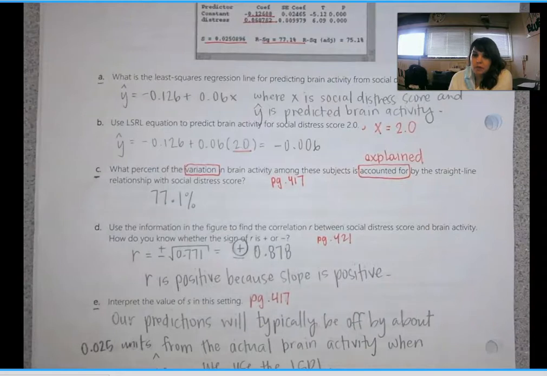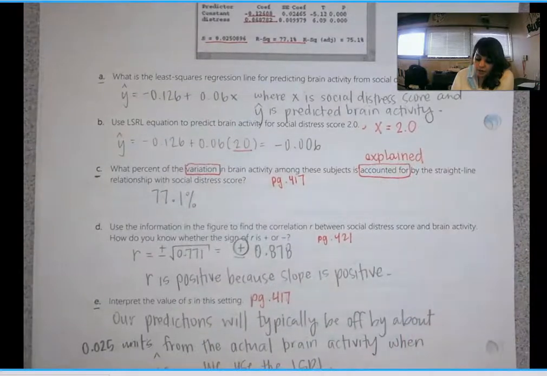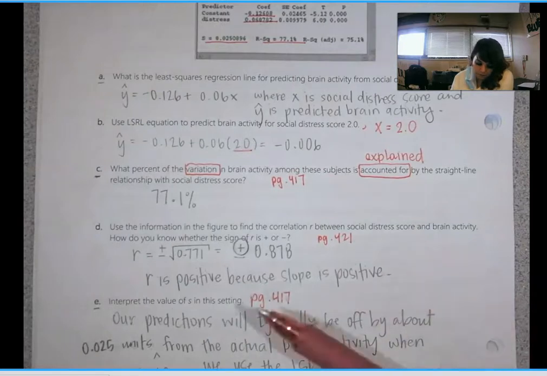Those are some key words that would indicate to you that they are asking about r squared. So as we are preparing for our exam 4, it's really important that we start noting these things. Words like variation, explained by, or accounted for are always indicating the r squared value.